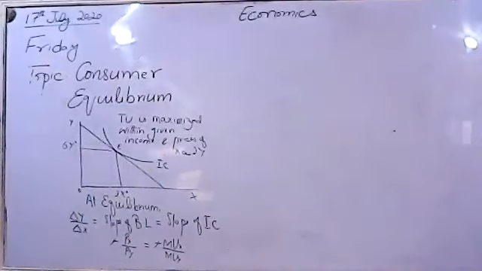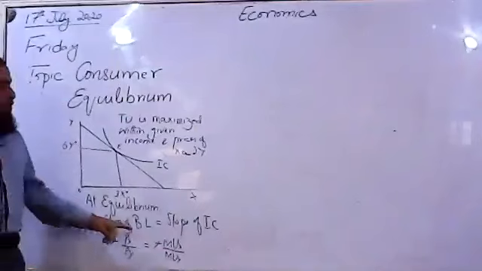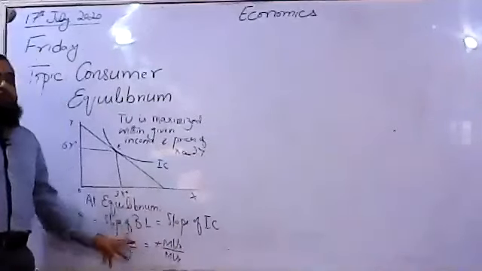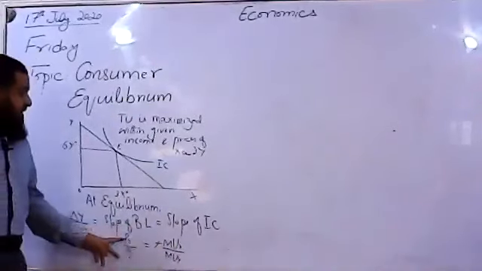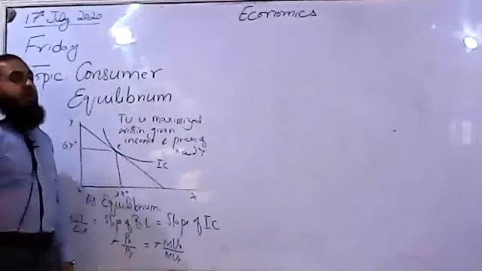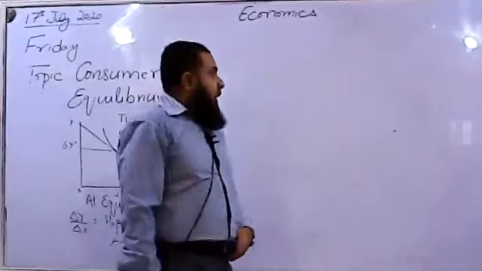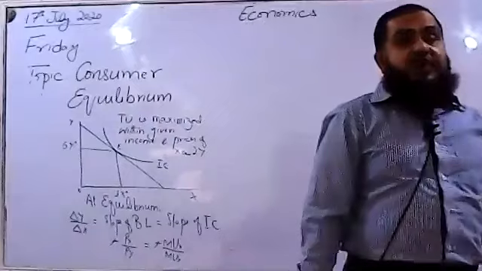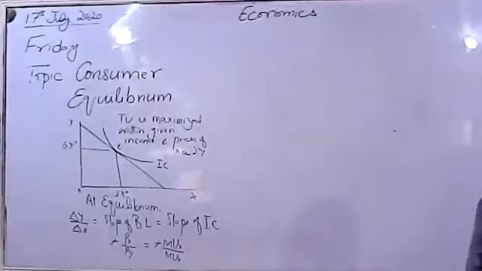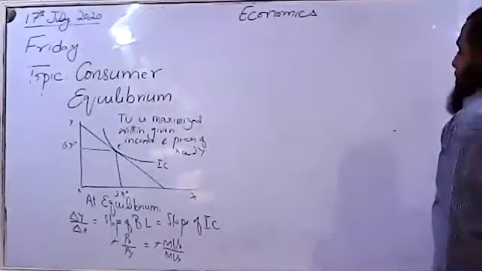So we say the marginal utility ratio of the two goods consumed by the consumer is equal to the price ratio of the two goods. Or we say each dollar spent on the two goods X and Y will give the consumer equal marginal utility.